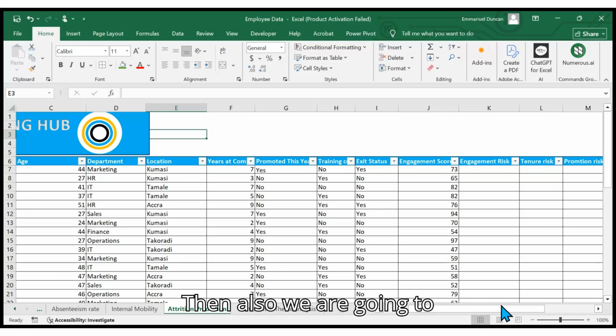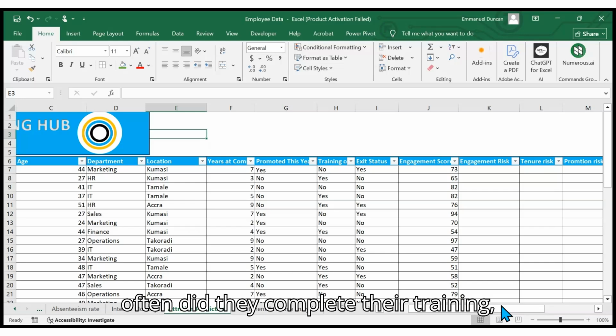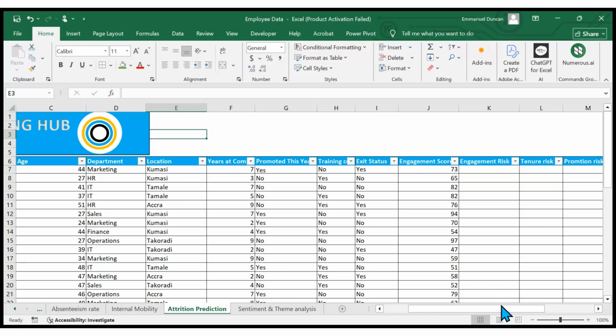Then also we are going to look at the training completion, those who exited, how often did they complete their training, either yes or no. It will help us know whether those who left the company usually completed their training or not.